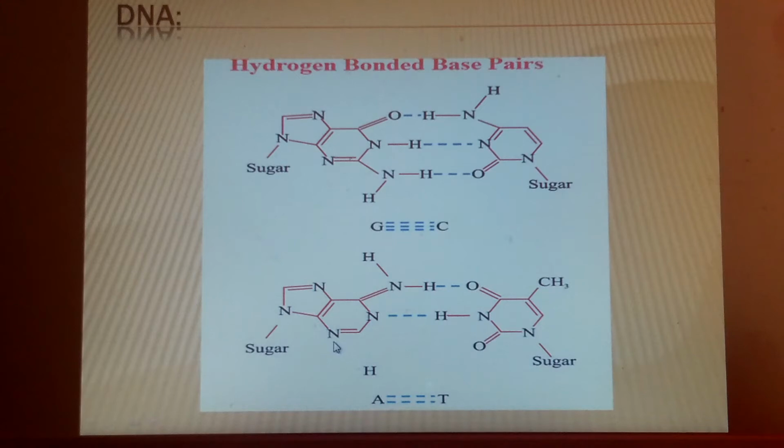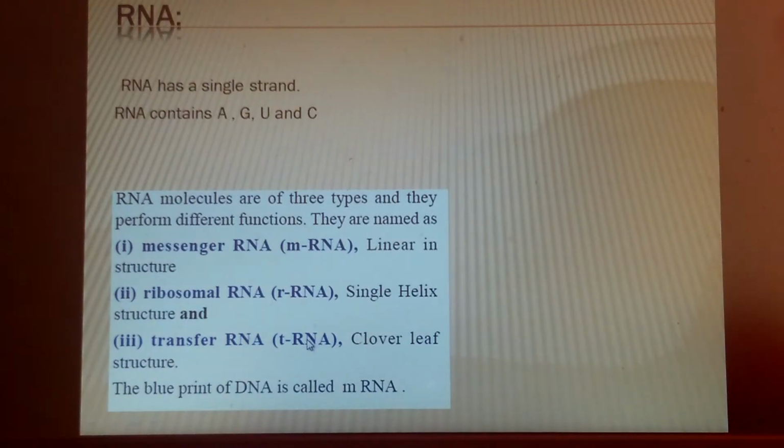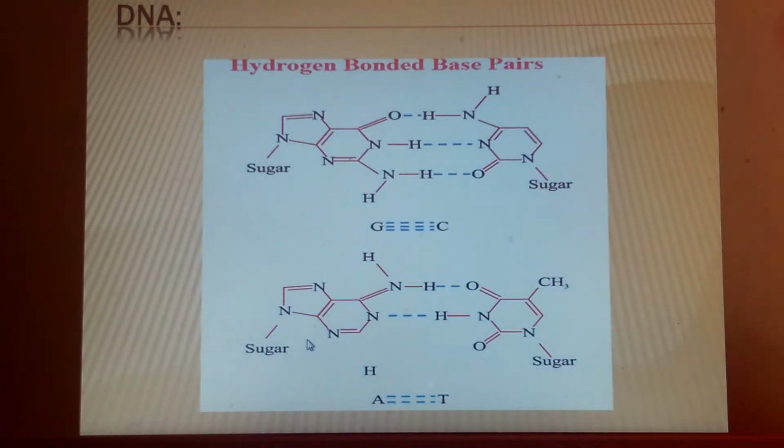This nitrogen is bonded, and this nitrogen is not bonded here. So the first and the second hydrogen are bonded through the hydrogen bond here. So we have 2 hydrogen bonds present. So likewise 3 hydrogen bonds are present between guanine and cytosine.